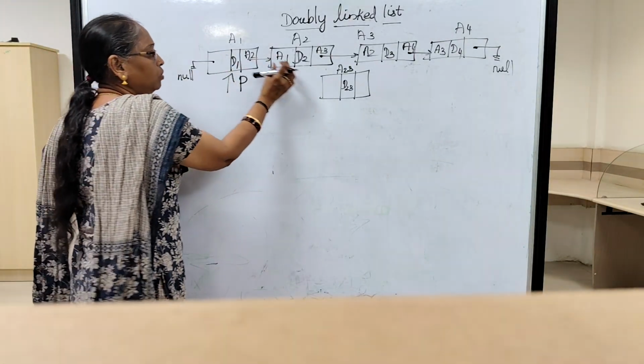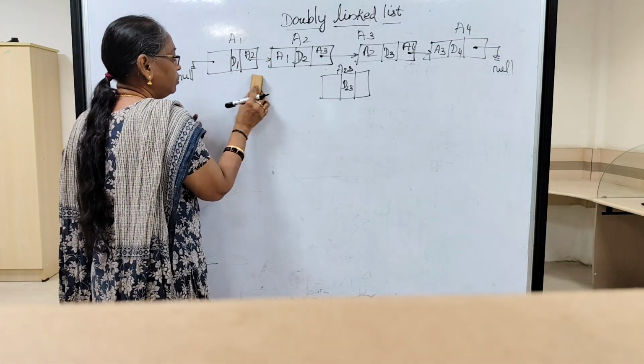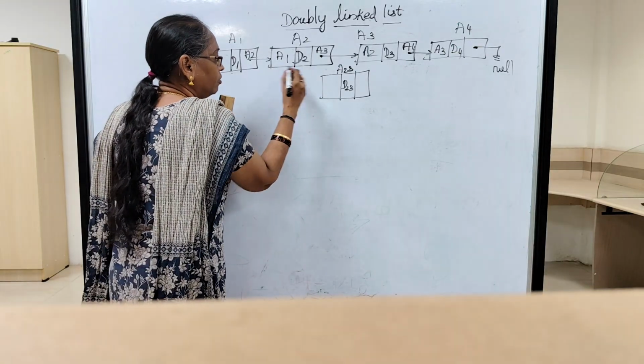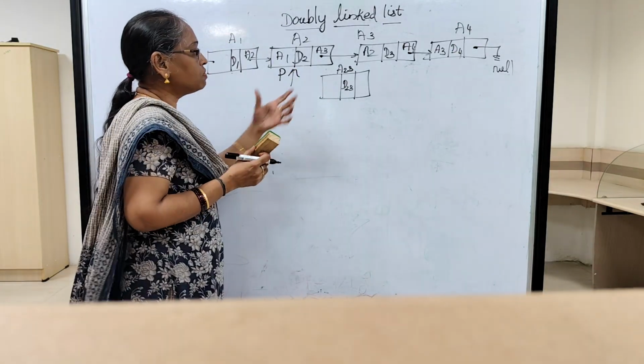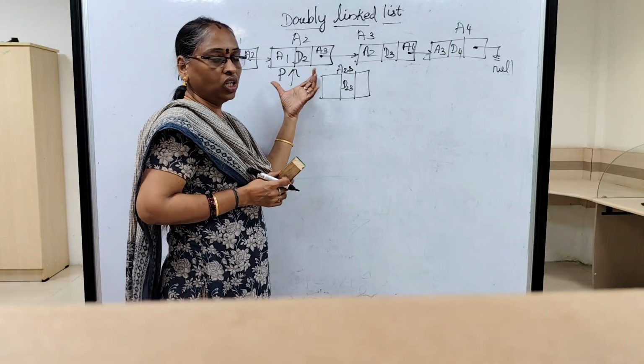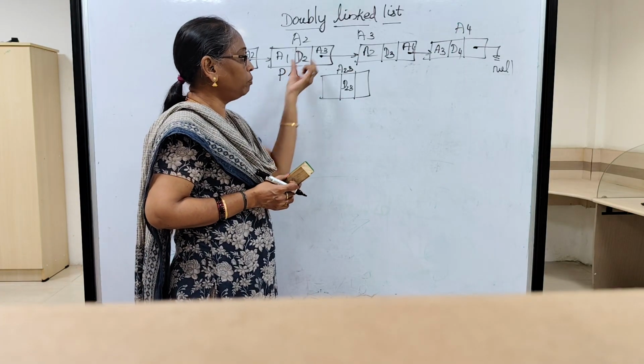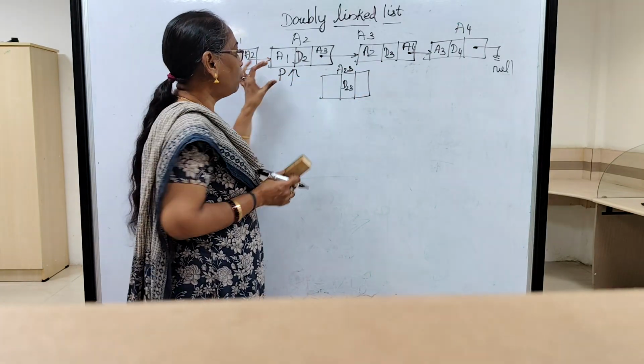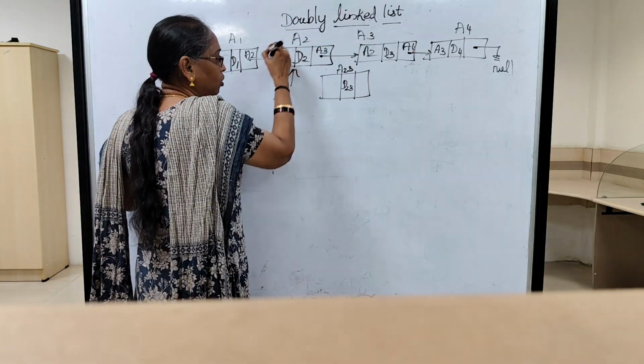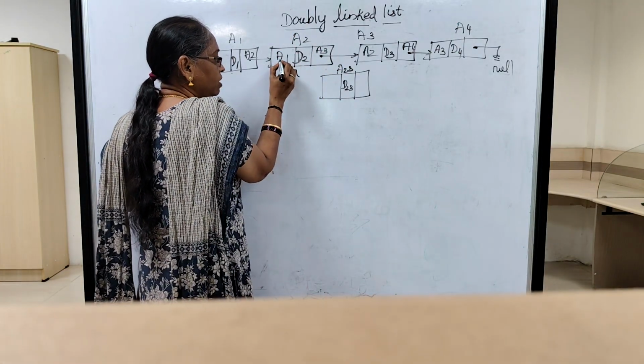So I am moving to the next node from the first header node. Now I am standing here. I have to include my new node in between the node which is represented by P and its next node. So P represents this complete node. So this is P of previous address.